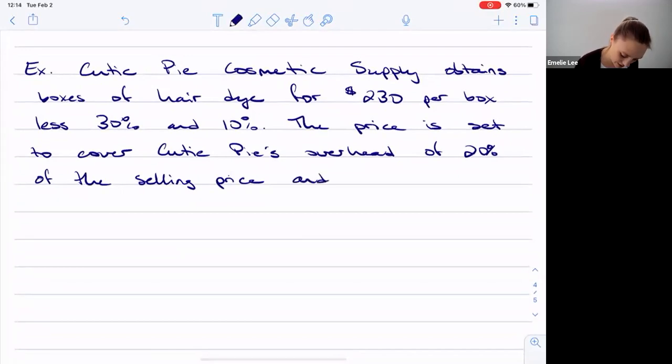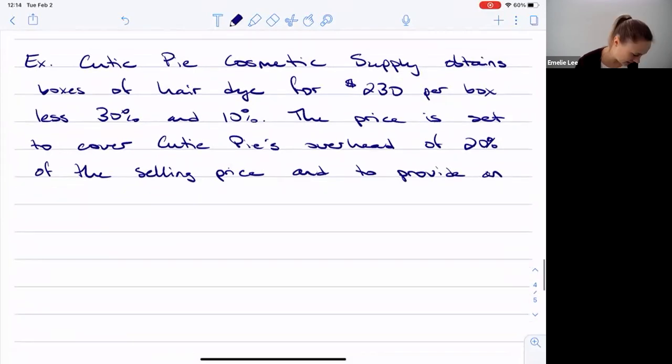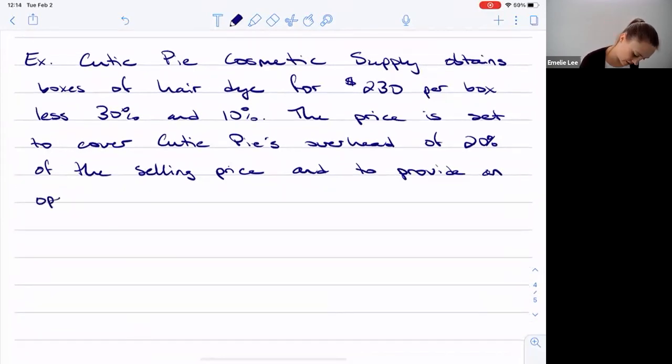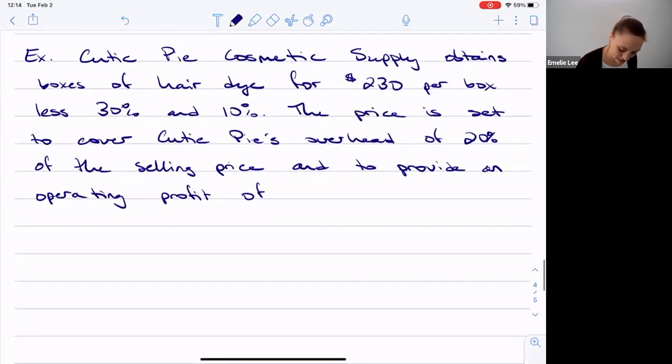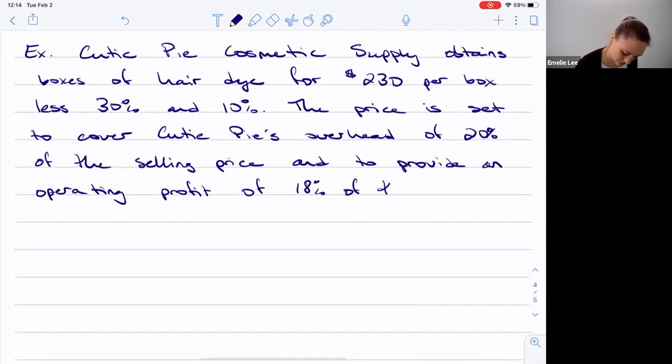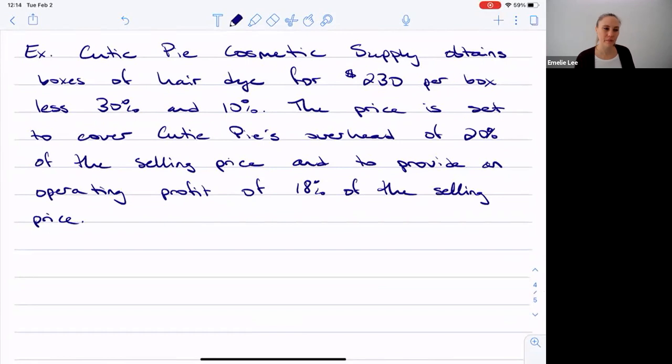And to provide an operating profit of 18% of the selling price. So 18% of the selling price is making up the profit.